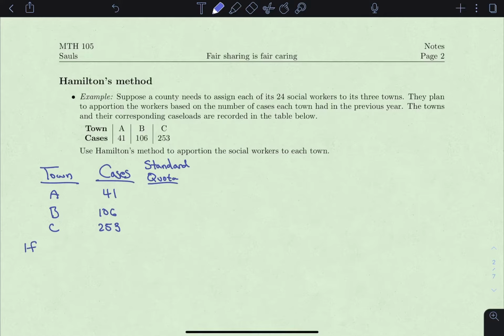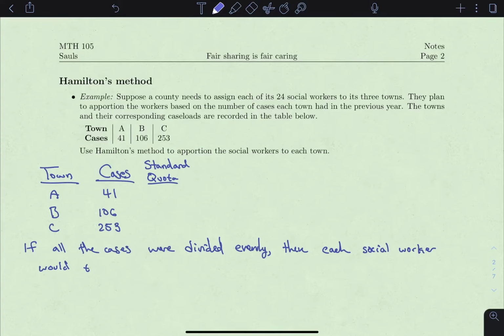So if all the cases were divided evenly, then each social worker would take 41 plus 106 plus 253 divided by 24 cases.